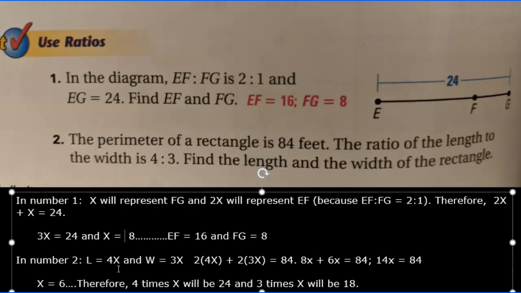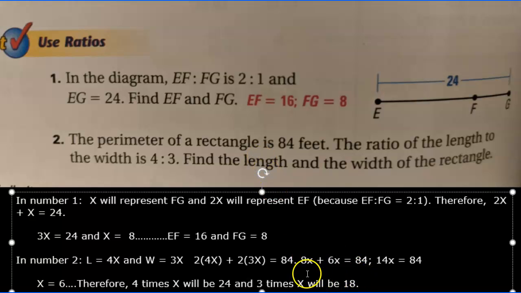The width is 3X. But how many lengths do I have? I have 2. How many widths do I have? I have 2. So 2 times 4X and 2 times 3X is going to equal the 84 that they give me up here.